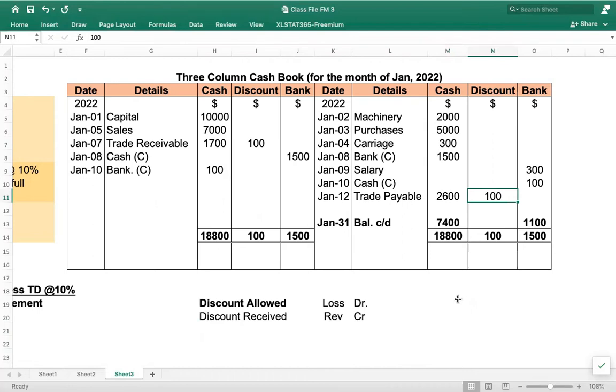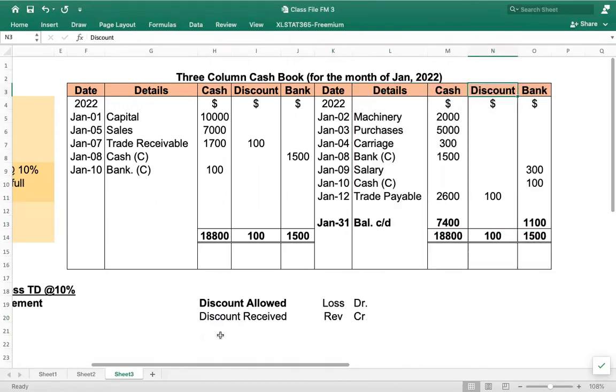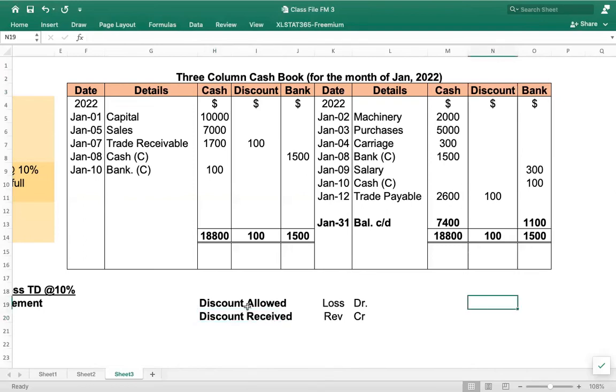And all revenue and gain, we credit. That's why the credit side discount column represents discount received. So both are different. The debit side discount column represents discount allowed, and the credit side discount column represents discount received. Any doubt so far in this 3-column cash book?